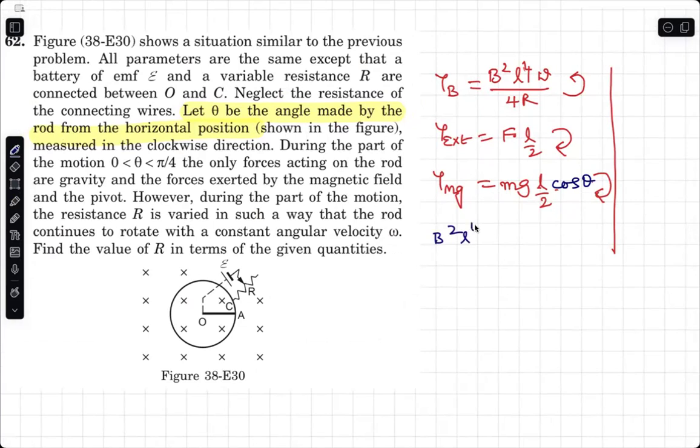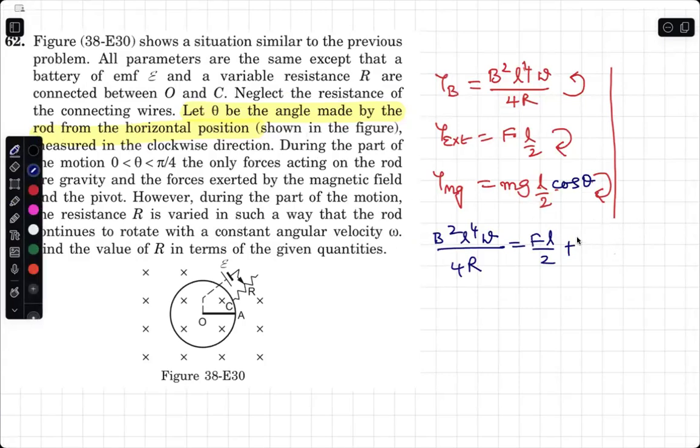B² L⁴ omega by 4R is equal to F into L/2 plus mg L/2 cos theta. Right. You want R? No issues.